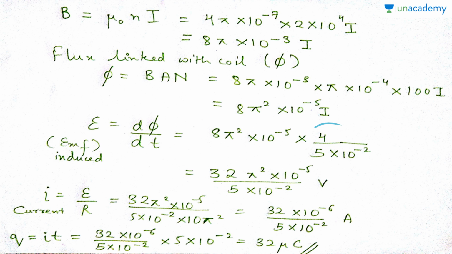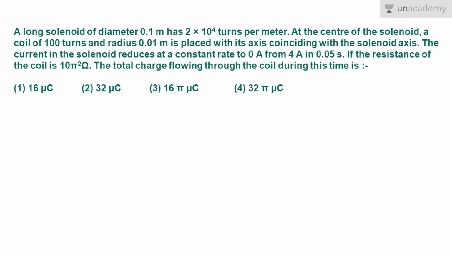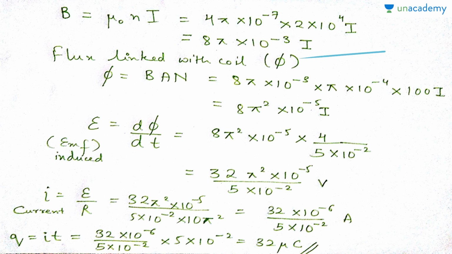So putting the value, we have 4, and time is given. What is the time given? 0.05 seconds, so 5 into 10 to the power minus 2. Upon solving this, we will get 32 pi square into 10 to the power minus 5 upon 5 into 10 to the power minus 2.